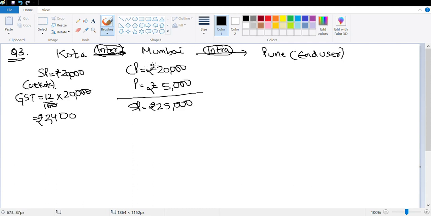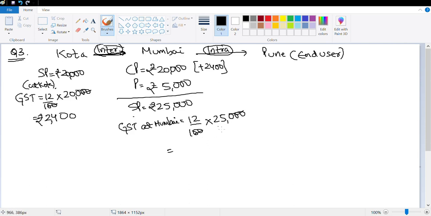So the CP for him would have been plus 2,400 because he would have paid the GST as well. But when we calculate, we are not using this. Now, what is the GST that he will have to charge from the guy in Pune? So GST at Mumbai again would be 12% of 25,000.